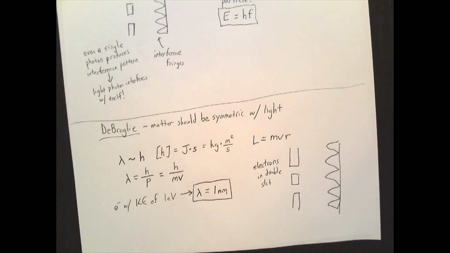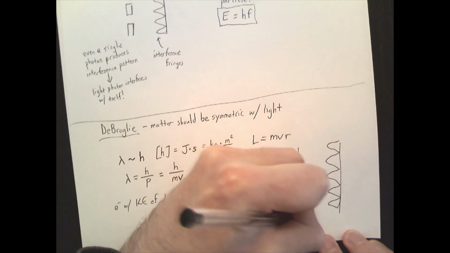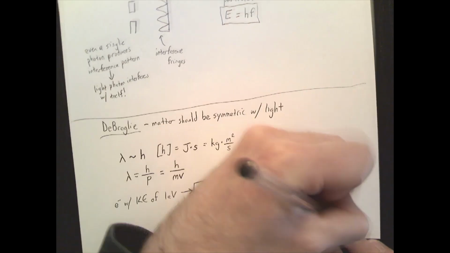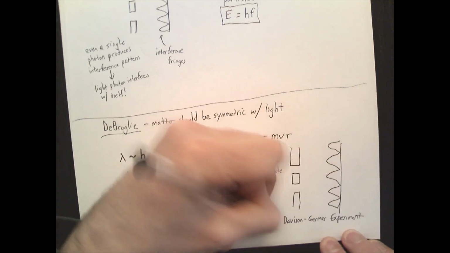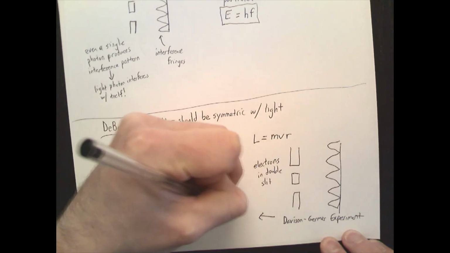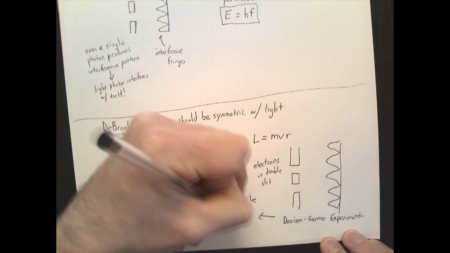So it turns out that a single electron, just like a photon, will transform into a wave and interfere with itself to create an interference pattern. So this sort of verified experimentally de Broglie's hypothesis. I believe these were two guys named Davisson and Germer. They verified wave-particle duality for matter.